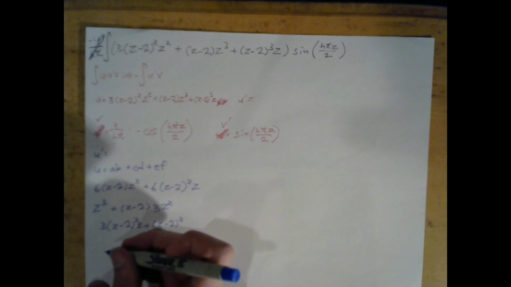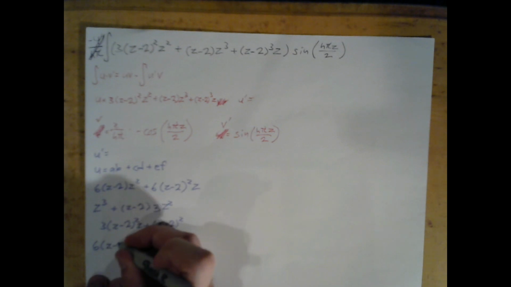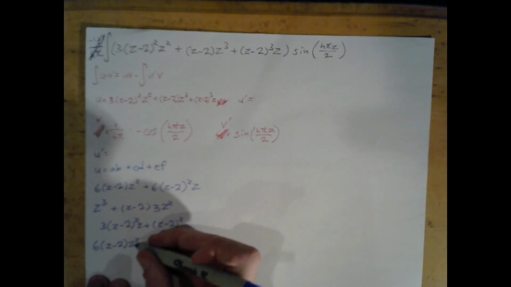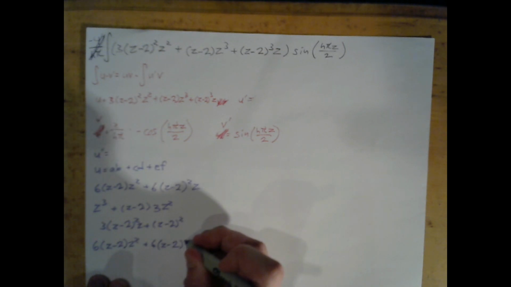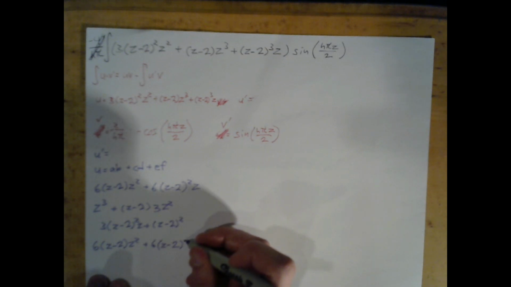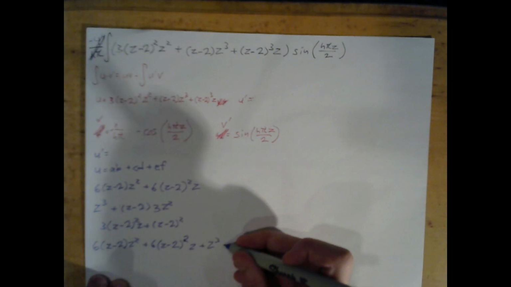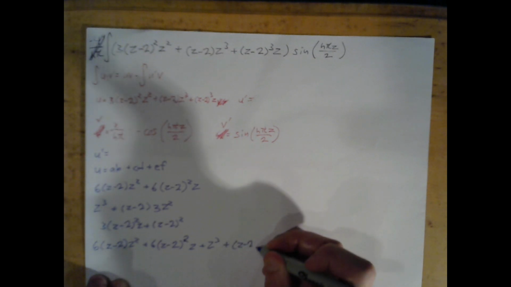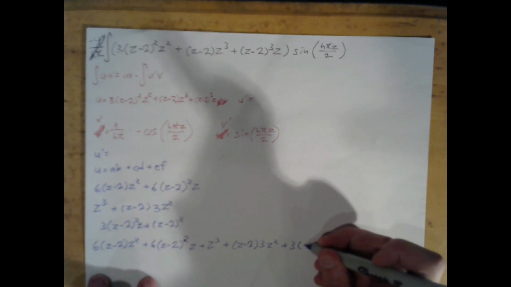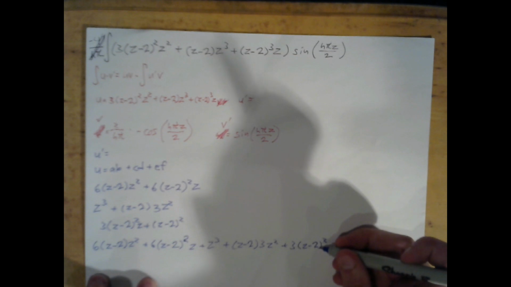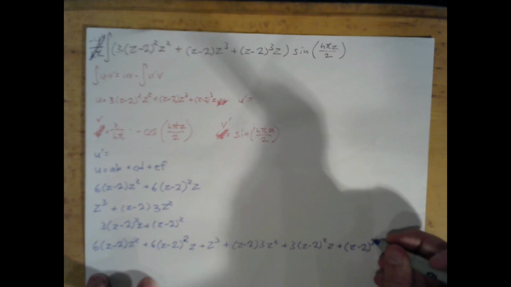Okay, so we're going to add those all together real quick. We're going to get 6 (z minus 2) z squared plus 6 (z minus 2) squared z, sorry about that, plus z cubed plus (z minus 2) 3z squared plus 3 (z minus 2) squared z plus (z minus 2) cubed.